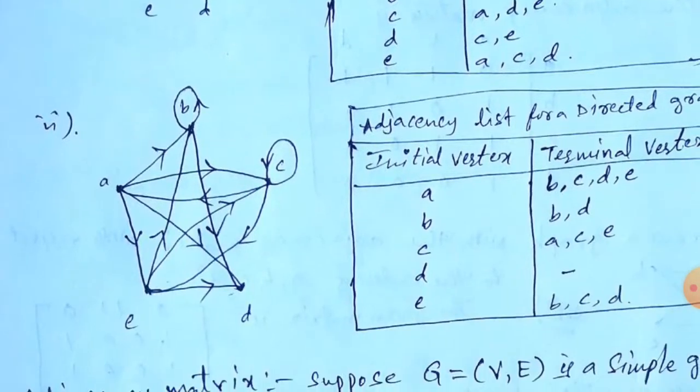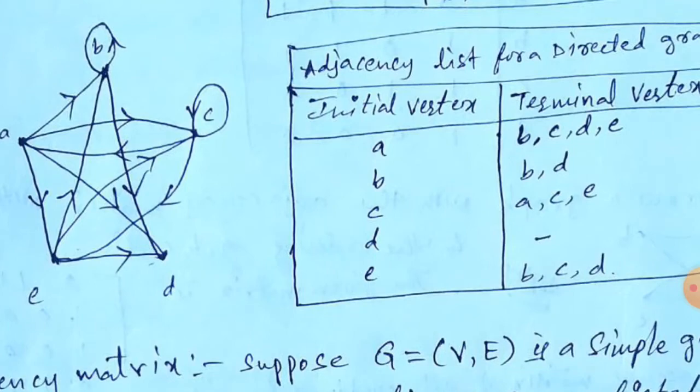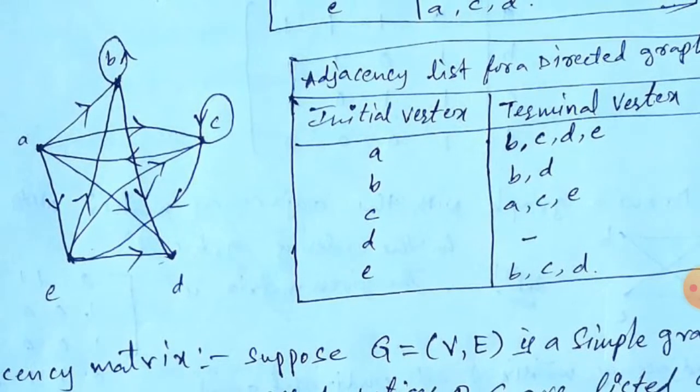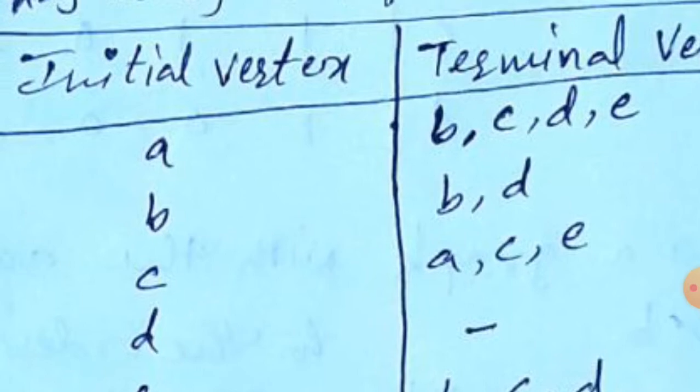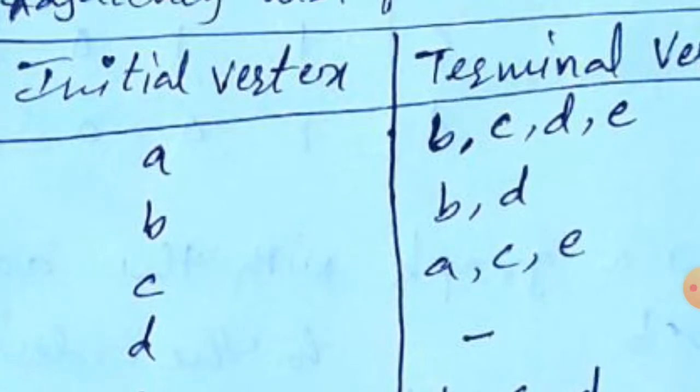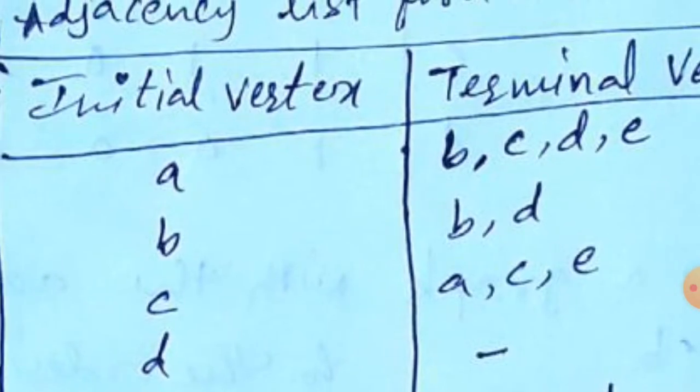And in the digraph also, observe here the order is important, the direction is important. Now observe the initial vertex and terminal vertices. For example, in this one, observe the initial vertex is A and the terminal vertices are B, C, D, E. That means from A to B there is a direction, there is an edge.